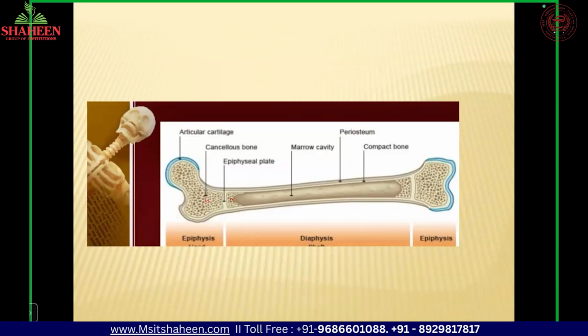In this part, which type of bone is this? Long bone. Typical long bone. It is not an adult bone. It's a growing bone. I am asking about the pattern.